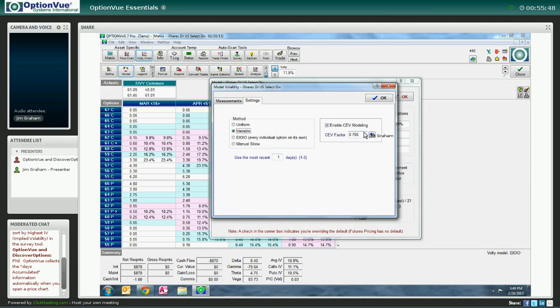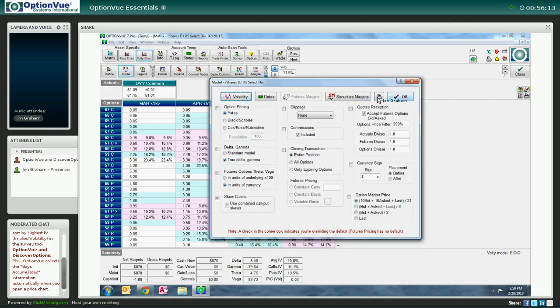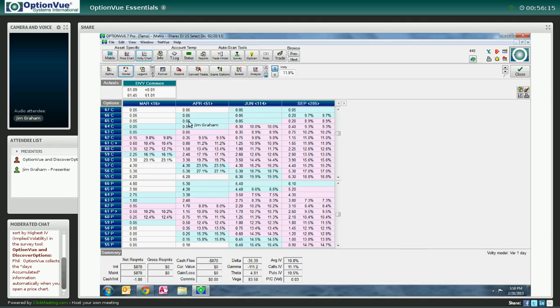And what it does is, it's measuring in the past when the price of the underlying changes, how much has the entire volatility skew shifted up or down, meaning every option's IV went up or every option's IV went down. And so I made some slides to try to make it easier to understand that.